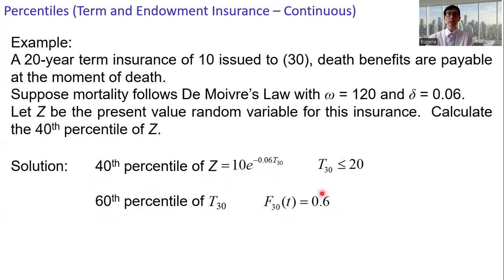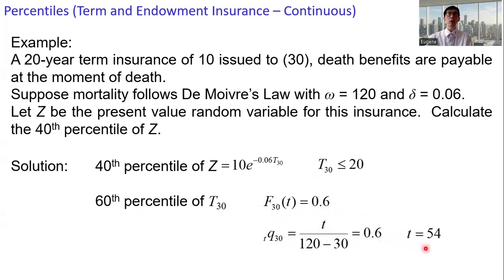Work out the expression that the CDF at the value t is 0.6. Under De Moivre's law, tq30 equals this expression for the 60th percentile. This expression equals 0.6. Solving for t, we get t equals 54.